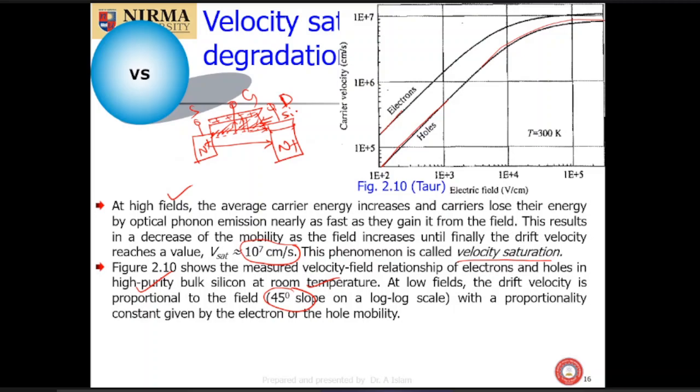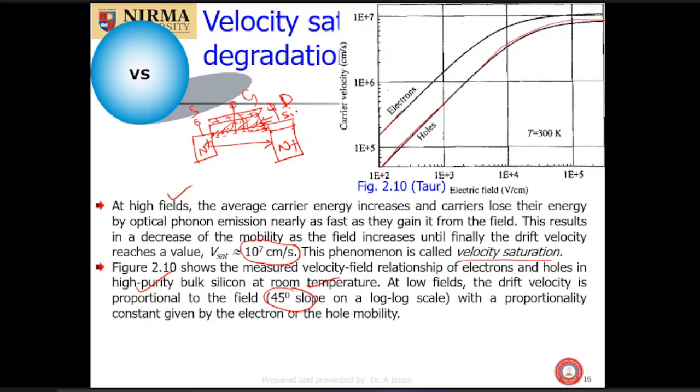And moreover, this vertical field is pulling up while the horizontal field is pulling in the horizontal direction. Due to that effect, the vertical field is going to reduce the mobility of the carrier.